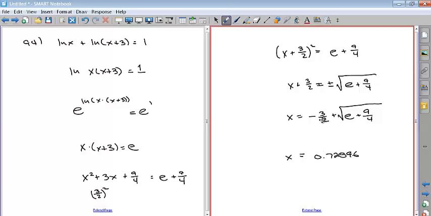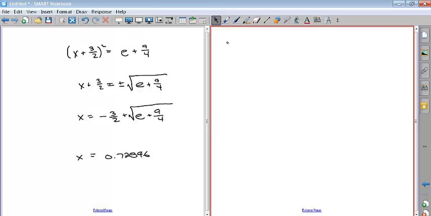So if I try that, the natural log of 0.72896 plus the natural log of 3.72896, so that's adding 3, and I should get 1, which I do. Okay, one last one here.